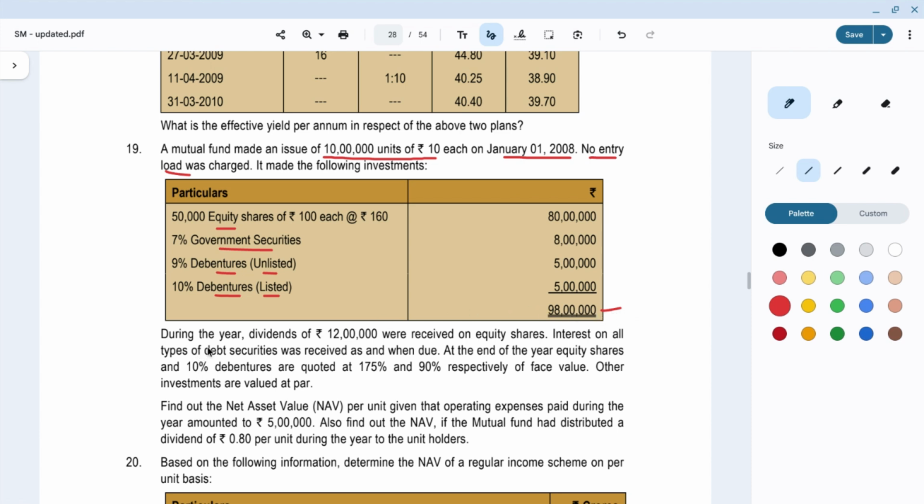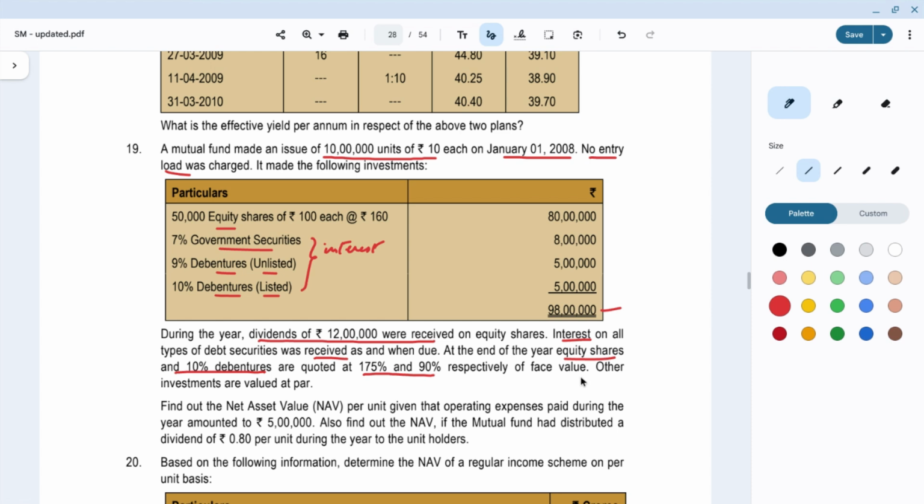During the year, dividends of rupees 12 lakh were received on equity shares and interest on all types of debt securities was received as and when due. At the end of the year, equity shares and 10% debentures are quoted at 175% and 90% respectively of face value.